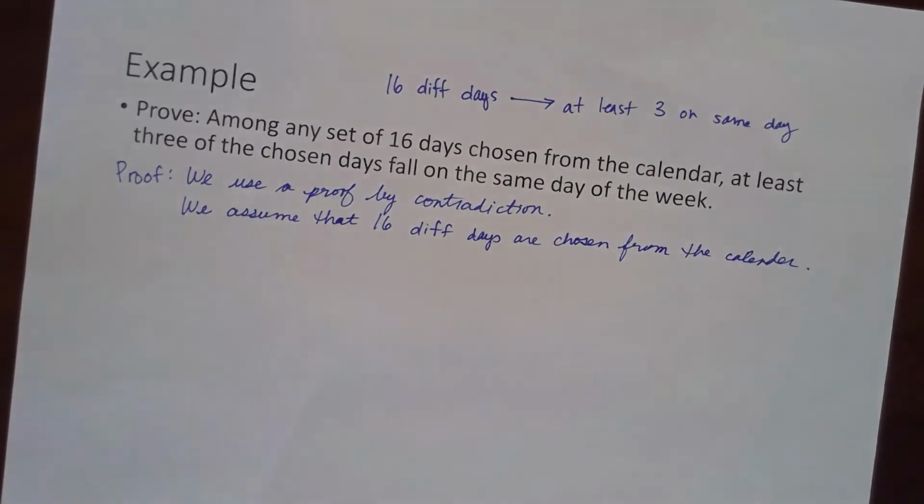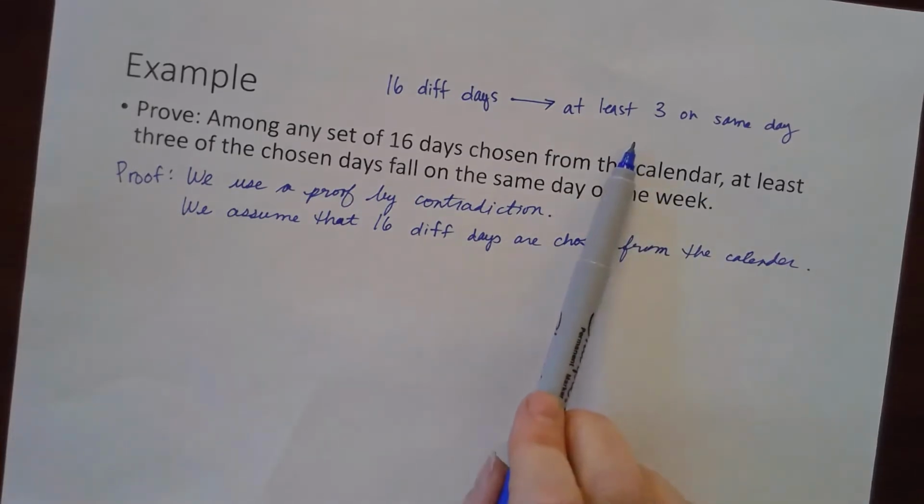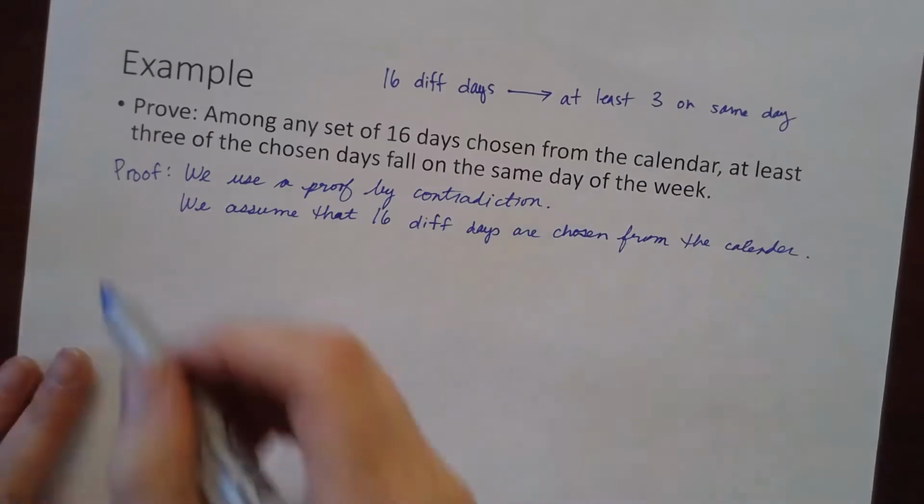Our assumption there really is that there are 16 different days. They're not like 3 of them aren't the same day. So there are 16 different dates. Then we explore and ask, what would happen if our conclusion were false?